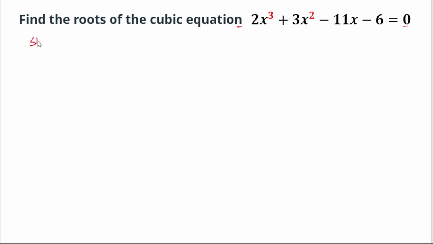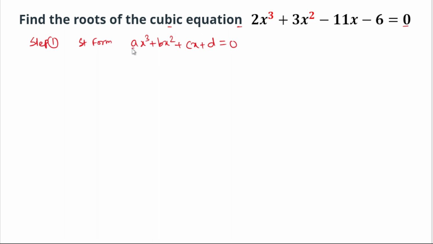The first step for the solution of this problem is to form the equation in standard form. The standard form of this cubic equation is ax cubed plus bx squared plus cx plus d equals 0.